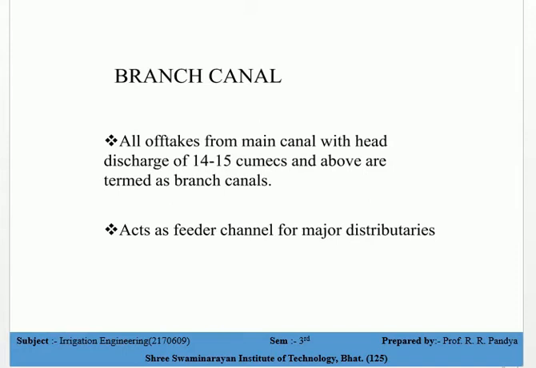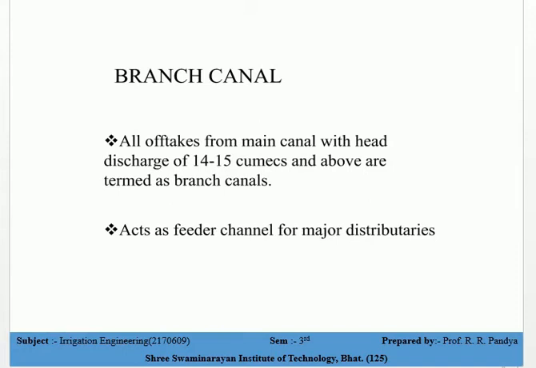It is also one of the distribution canals. The branch canals are usually feeder canals for major and minor distributaries. I can explain what a feeder canal is: it will feed the water to the major distributaries or minor distributaries.